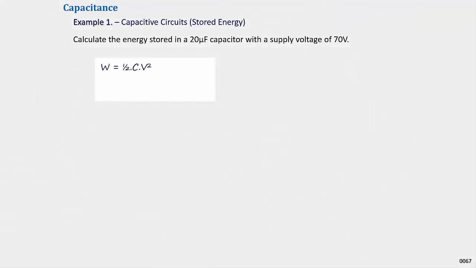We know energy stored W equals a half times C times V squared. Substituting the values, W equals a half times 20 times 10 to the power minus 6 times 70 squared, which equals 49 millijoules.